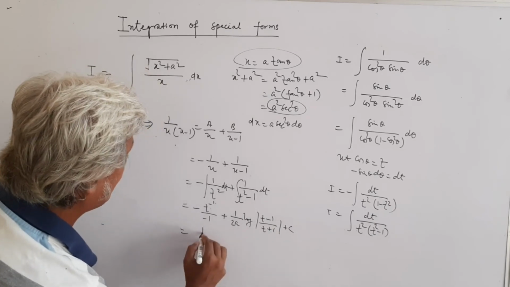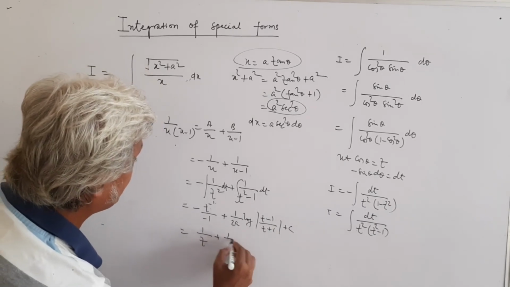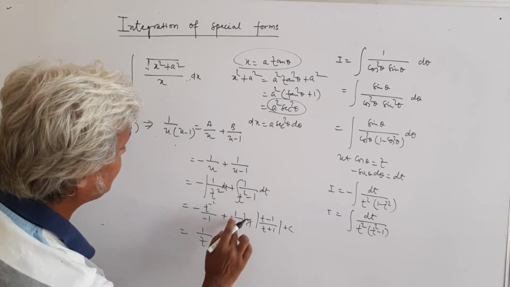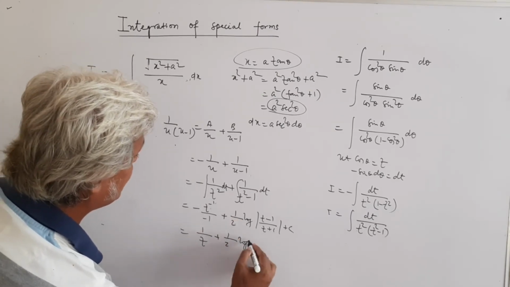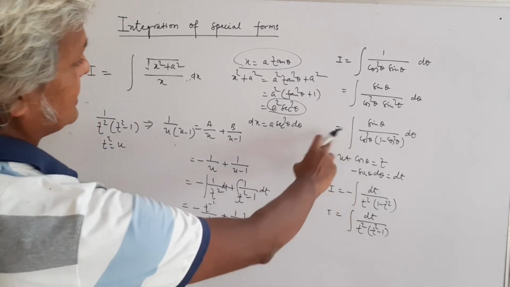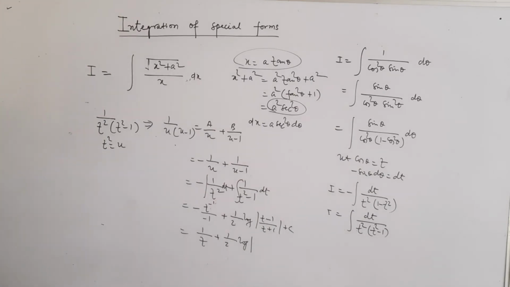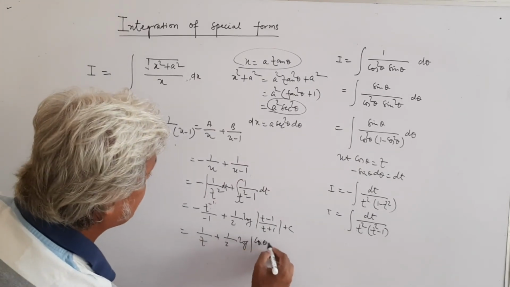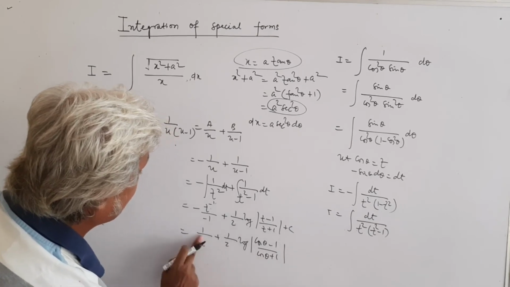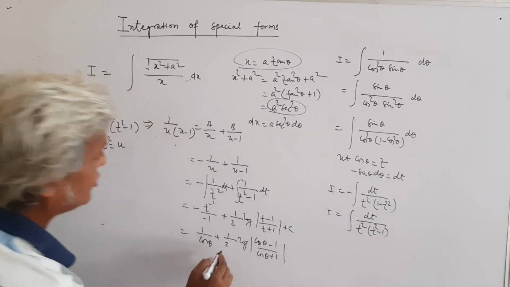That is 1 over t plus 1 over 2a log of that. Here a is 1, so 1 over 2 log mod t. What is the value of t? In this condition we put t as cos theta. So cos theta minus 1 over cos theta plus 1, and the first term is also cos theta.